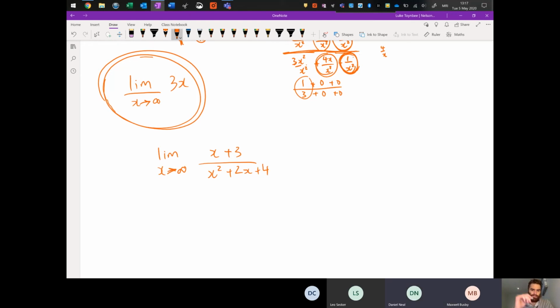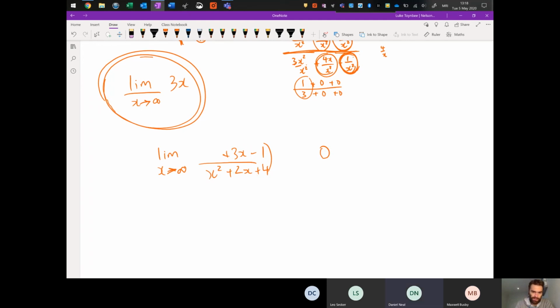So 0, isn't it? That's going to be 0, because 1 over x tends to 0. These parts will tend to 0 because that's 1 over x.